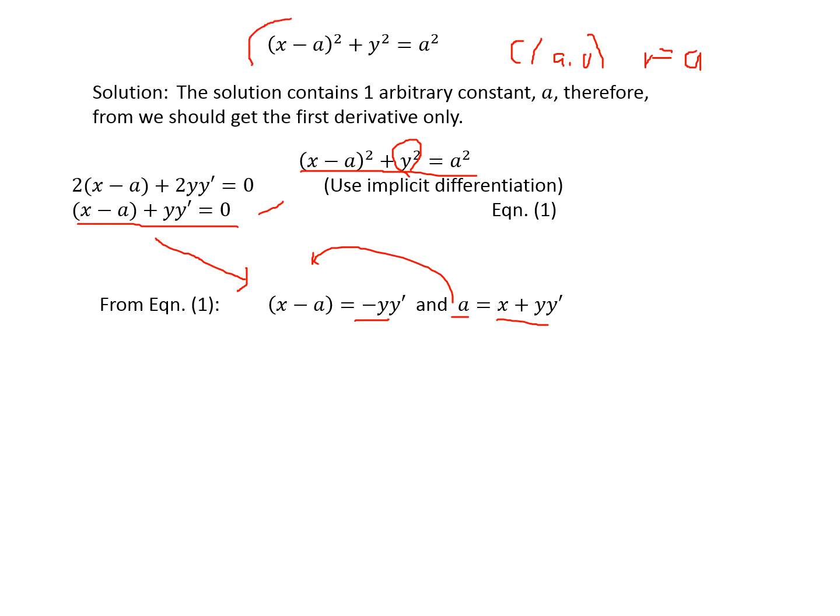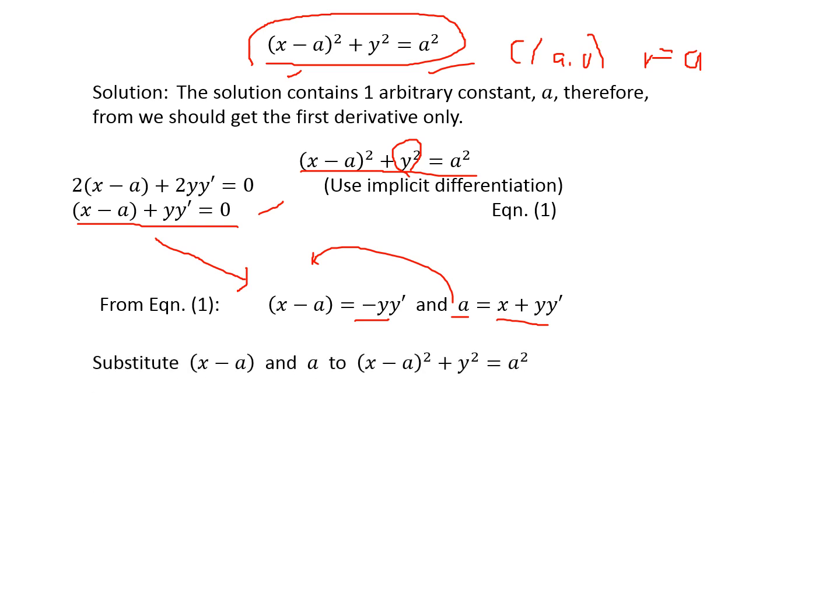And we can already use the original equation because we know already x minus a and a. And then that will be free from arbitrary constants. So substitute x minus a and a into this equation.